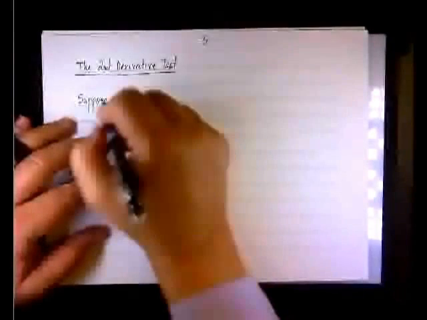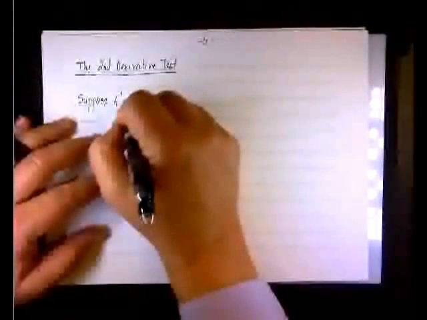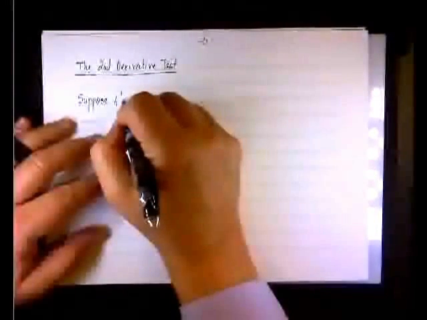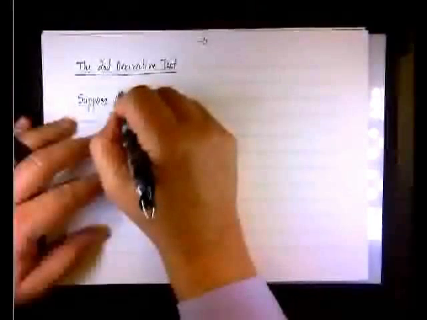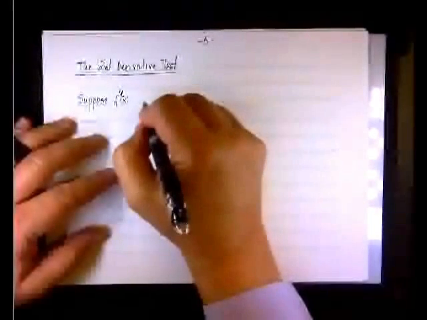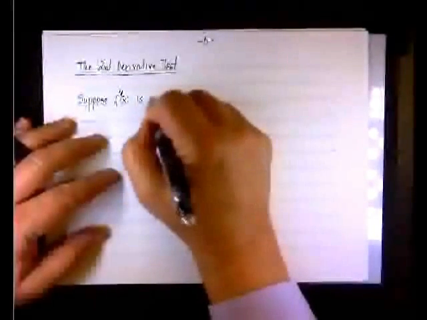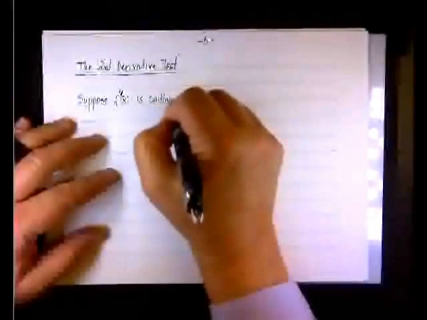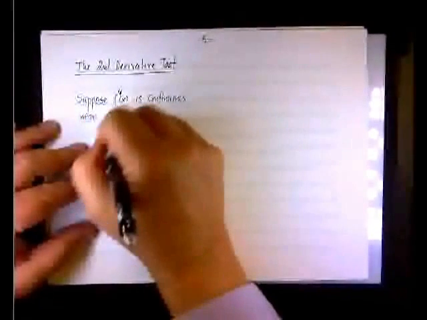Suppose f double prime of x, the second derivative, is continuous. But here we are satisfied with continuous near x equals c. And we have two things.